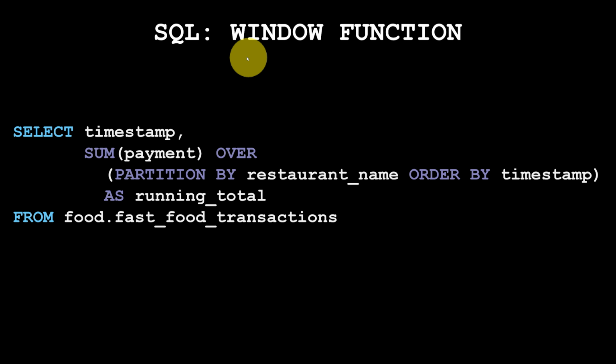So basically, I'll tell you what a window function does. It will perform aggregation calculations on a set of rows without collapsing them like aggregate functions. If we remove all of this, the over, partition by, order by, then we get a normal aggregation function, and you know what that does. It takes all the rows, collapses them into one row, and gives a summary, a metric.